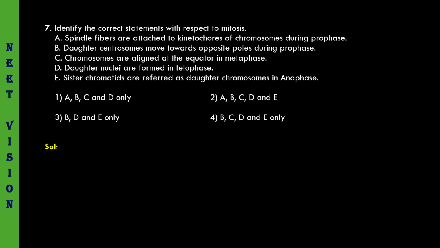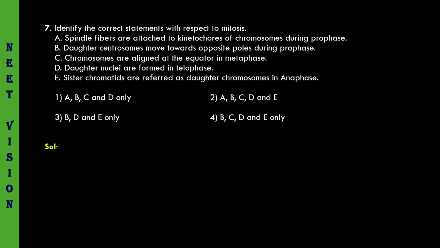Wrong. It is a wrong statement. Spindle fibers are attached to kinetochores of chromosomes during metaphase, not in prophase. So A is wrong. So you can eliminate first one and second one. So third and fourth one, out of these two, one must be the correct one.